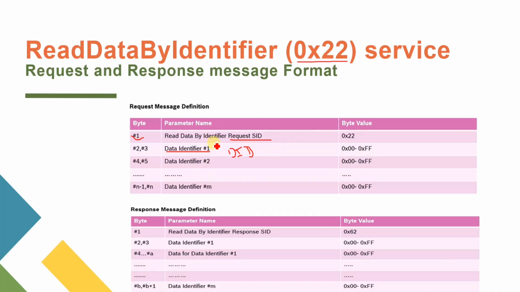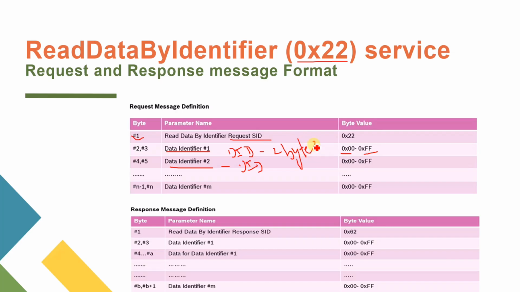See, for data identifier one, I can request, suppose, in the 00 to FF range. If you want to read other information, you can request another DID number, and that response will also be given by the server. The data identifier always comes with 2 bytes. It is a standard.